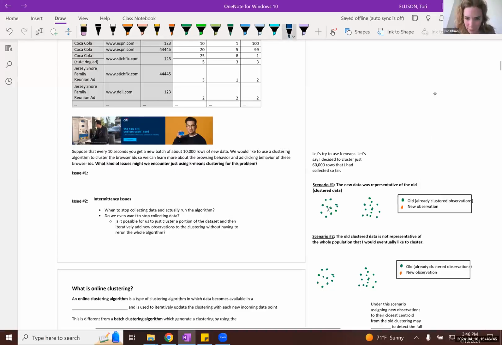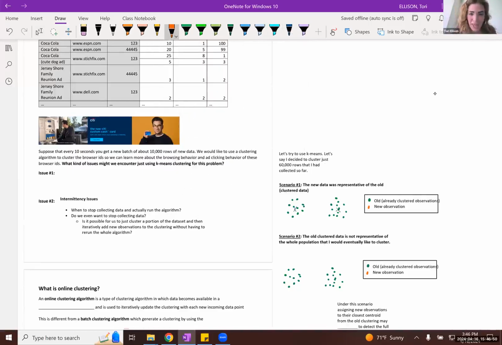We could calculate the centroids of the clusters that we found, and then, provided the new observations that kept coming in were representative of the clustering structure that existed in the old observations, we could theoretically expect relatively good results if we simply took those new observations as they came in and assigned them to the closest existing centroid of the old clusters.